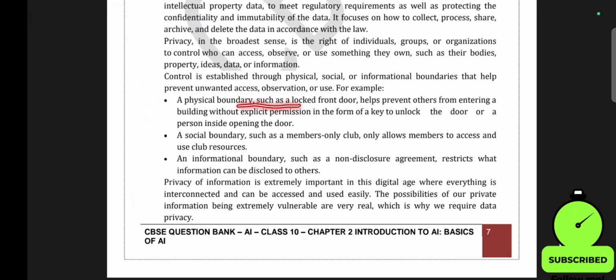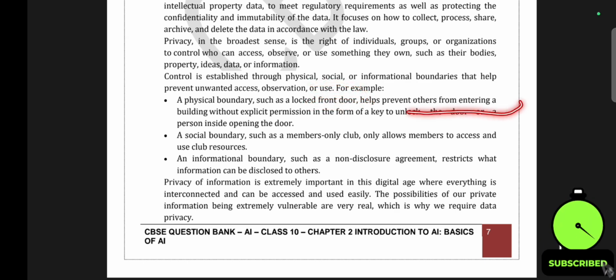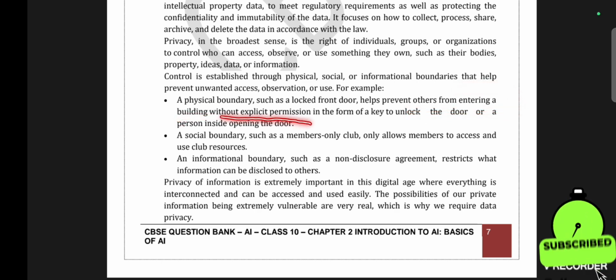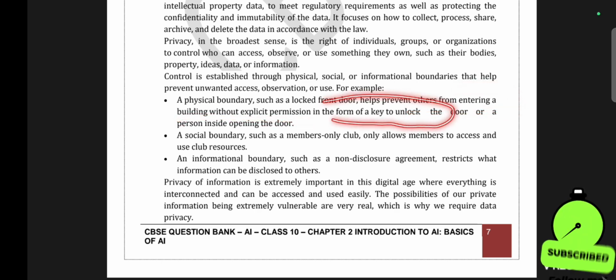A physical boundary, such as a locked front door, helps prevent others from entering a building without explicit permission in the form of a key to unlock the door or a person inside opening the door.